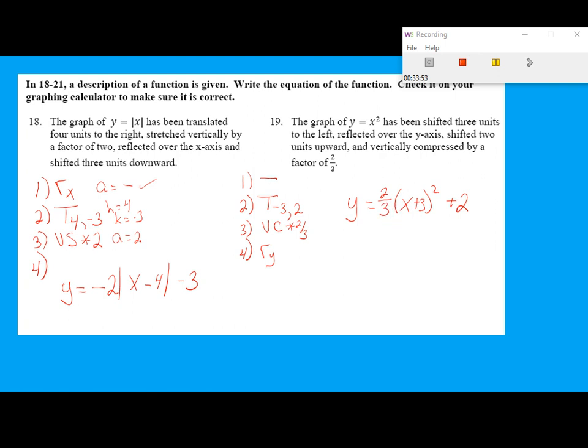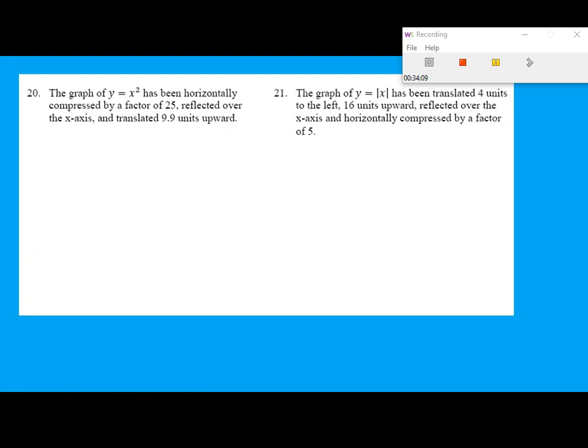And then to reflect it over the y-axis, I need a negative right there. Let's hit number 20 and then we'll shut it down. So here goes. Number 20.